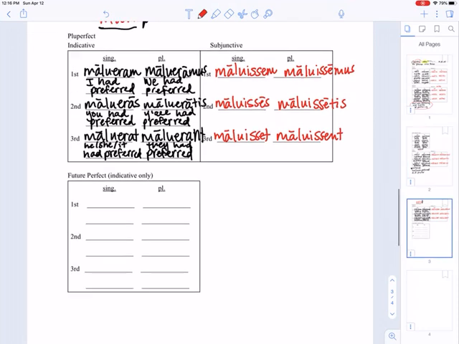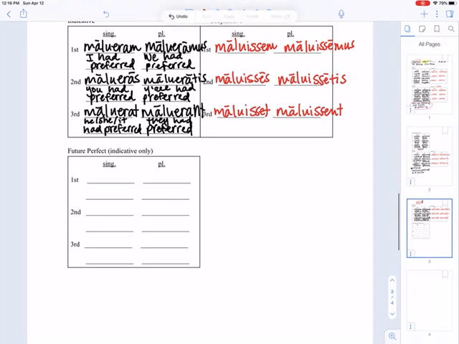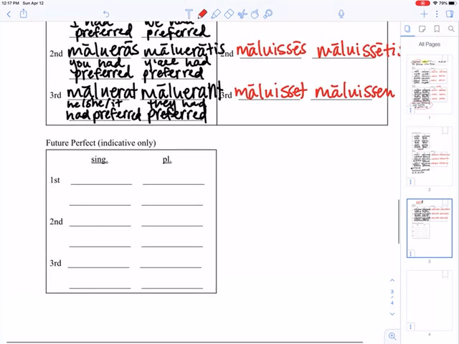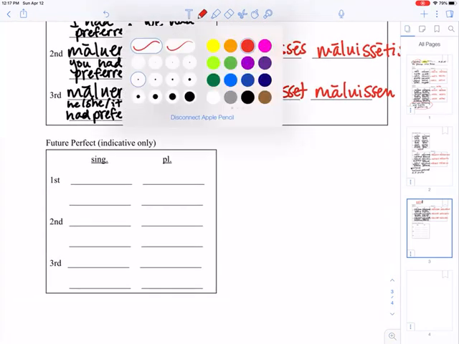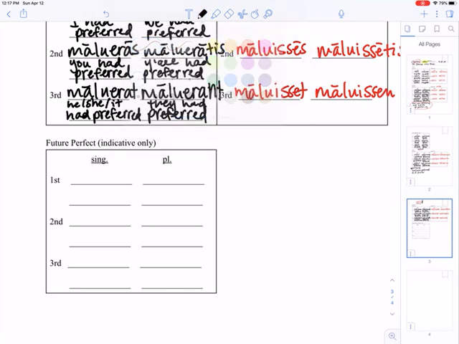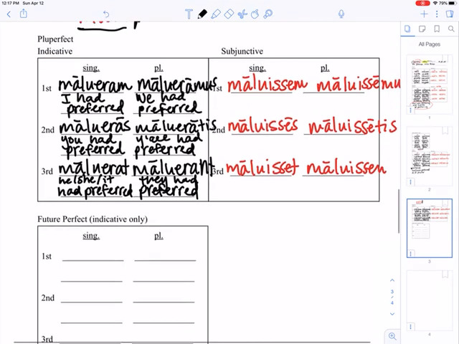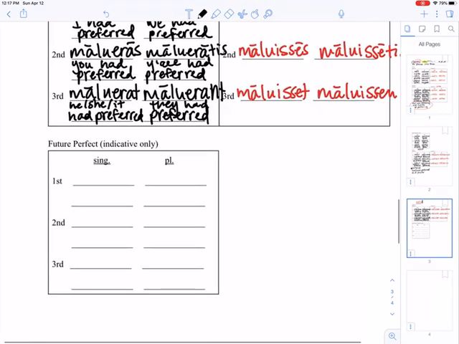Okay, so now we're going to go to the future perfect. Okay, I'm going to make that a little bigger. And we are going back to the stem that we used right here with the pluperfect. We're going to go to that Malu. So I'm going to have Malu, and we're adding ero for Maluero.